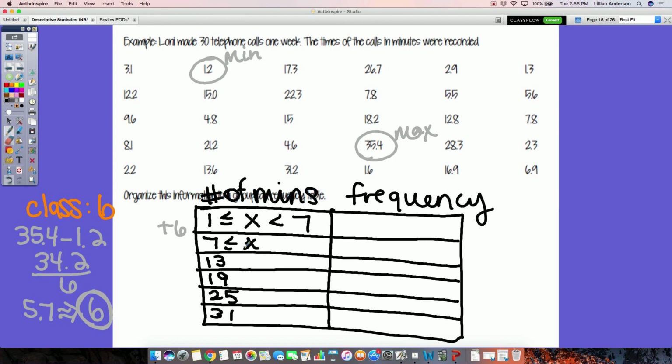So we're going to continue that on with the rest. It's still going to be that same setup. Less than or equal to x is less than, all the way down. And then it's going to just be the class limits.